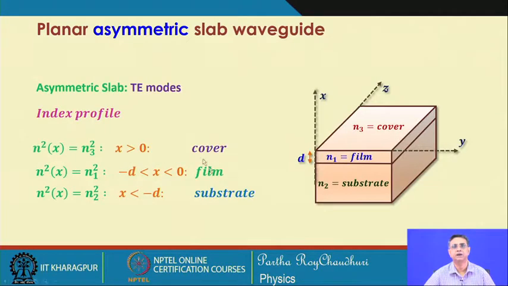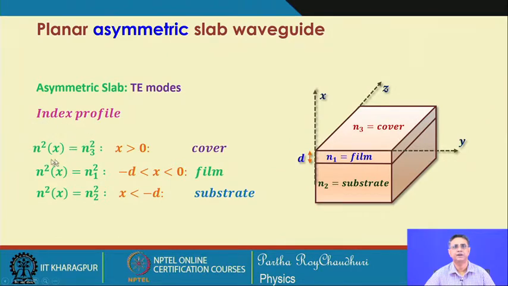So, with that background, we look at the geometry of this. Again, it is considered that the waveguide is infinite along the wave direction. So, we have taken only a truncated view of this, as if it looks like a truncated structure in the xy plane, but actually it is infinite.